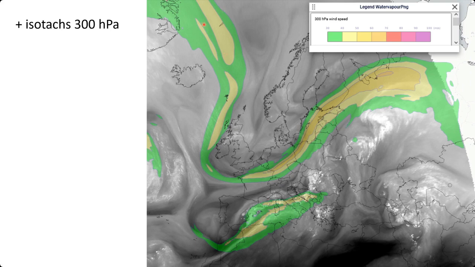So here you see the jet pretty nicely going from east of Iceland, then to the middle part of Europe and up again north towards Russia, and then the other jet is going here from north of Africa towards Italy and the Balkans.